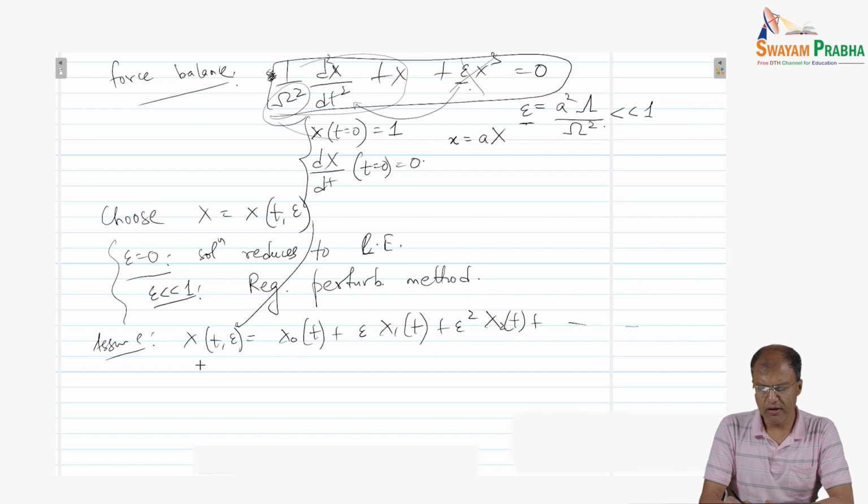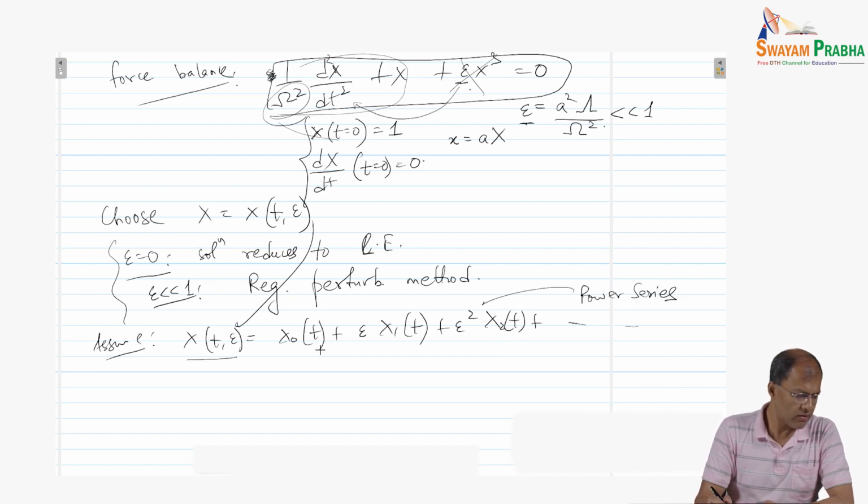Why? Because we are using a power series. We are using a power series solution which is of the form for regular perturbation. The power series solution is bound to work for a regular perturbative setup, right?